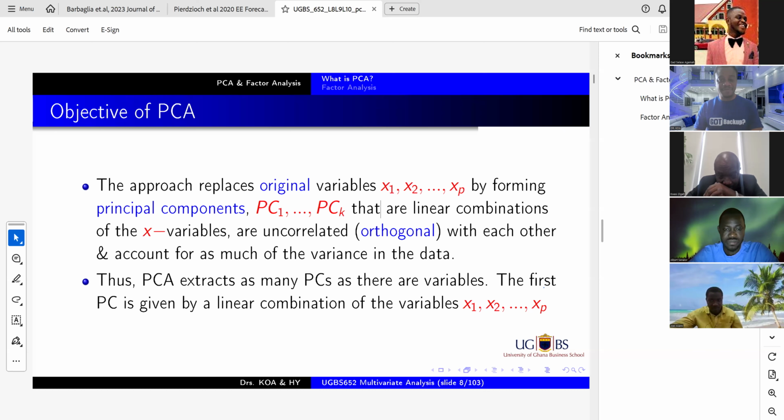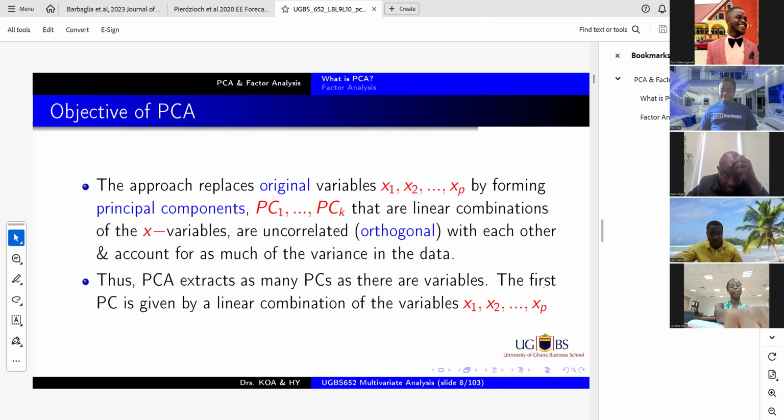Salasi, your hand is up. Hello, Prof. Yes, go ahead. Please, the reason why Joel Asare and Foster Asare can be given principal component 1 is that there is a similarity in the name.